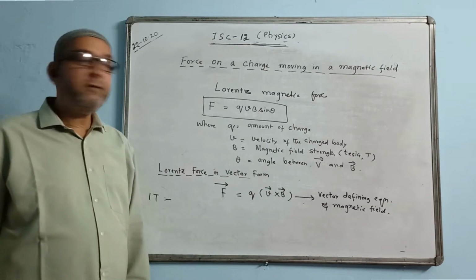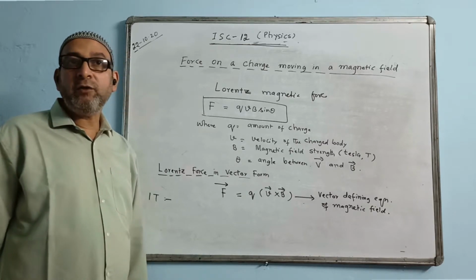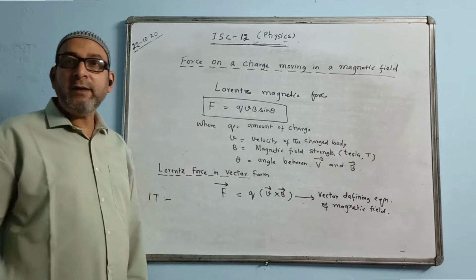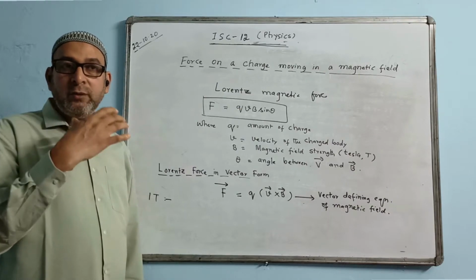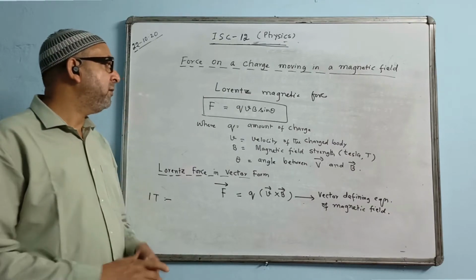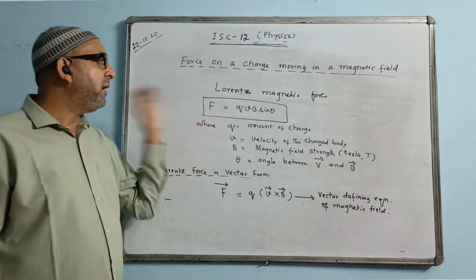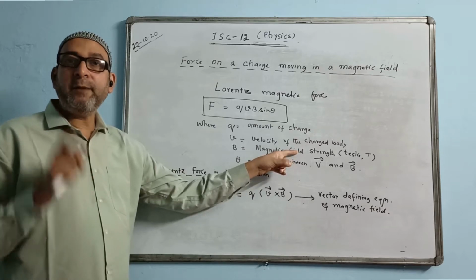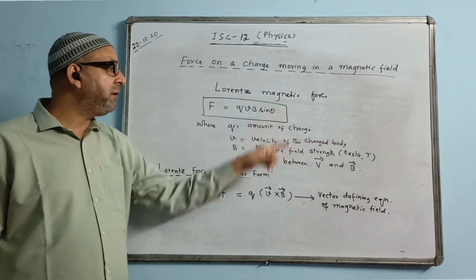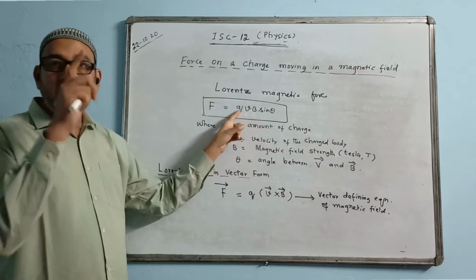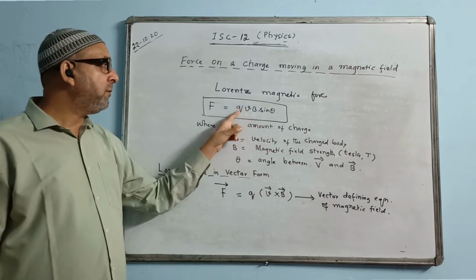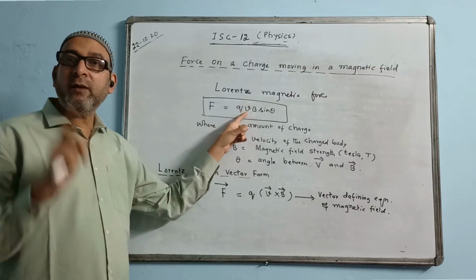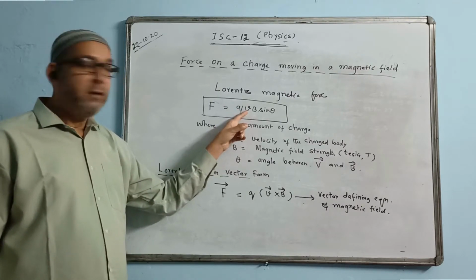Now, after you have written the definition, make sure that everything has been covered. Check whether the technique I told you has been covered. It is the magnetic field applied perpendicular, with theta 90 degrees, to 1 coulomb charge, the value of Q taken as 1 coulomb, moving with a velocity of 1 meter per second.